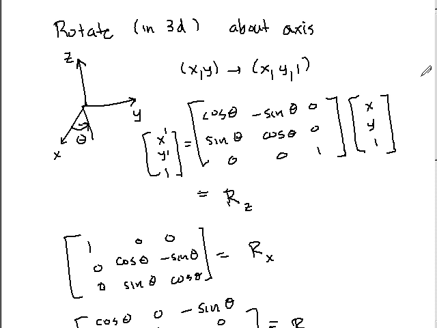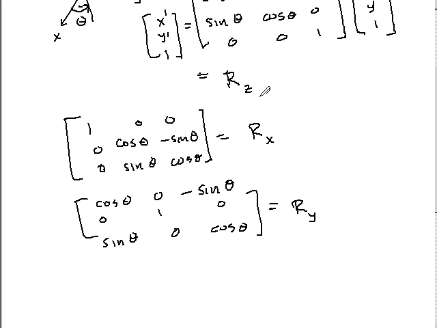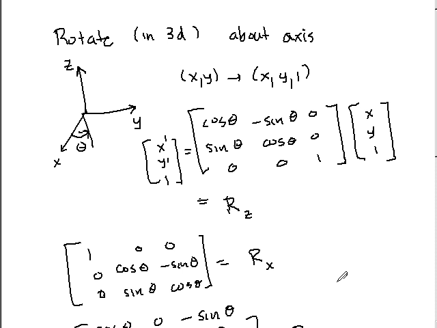Now, you can get any rotation in 3 dimensions by a suitable combination of a rotation around x, rotation around y, rotation around z, then a scaling and a translation. So you have any operation in 3 dimensions. You can first rotate about the x-axis.